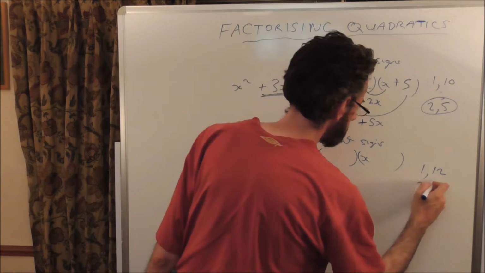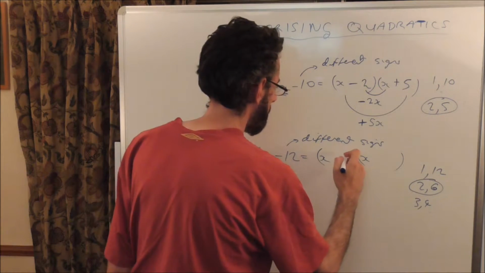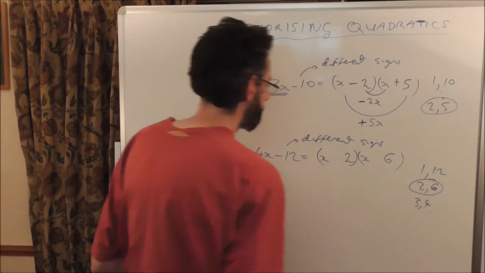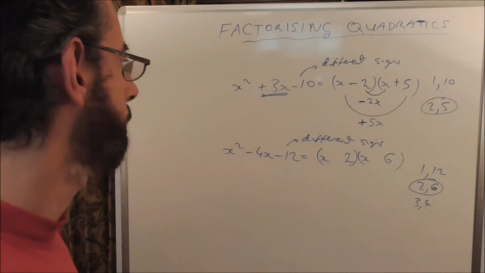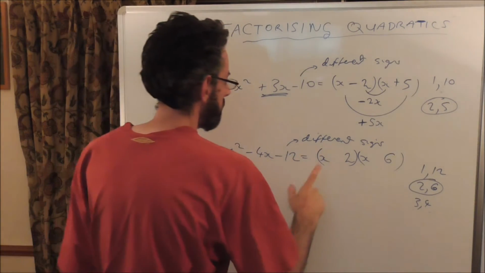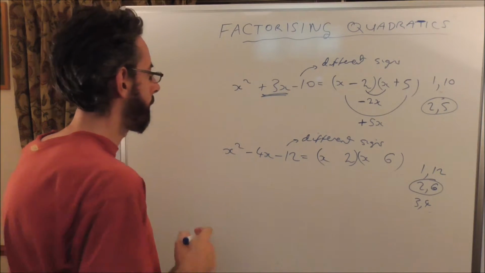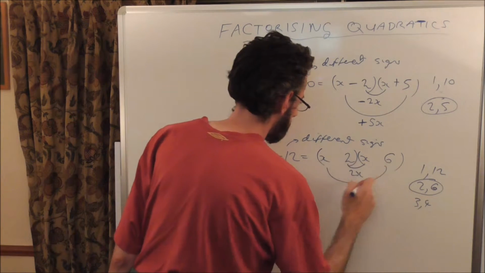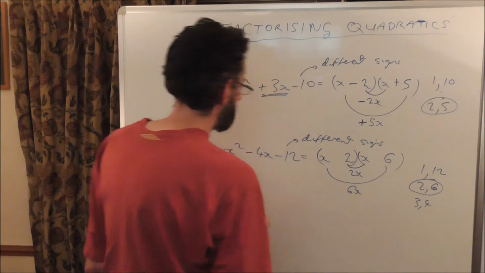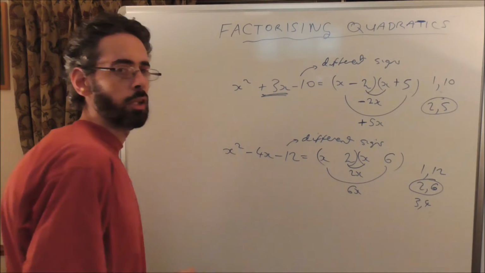Yep, it's going to be 2 and 6. So let's just put them in. Now, is it plus 2 and minus 6, or is it minus 2 and plus 6? Well, we want to get minus 4x when we expand the brackets. So at the moment we've got 2x here and 6x here. To get minus 4x, which one would need to be positive and which one would need to be negative?